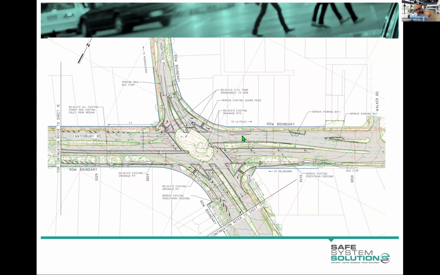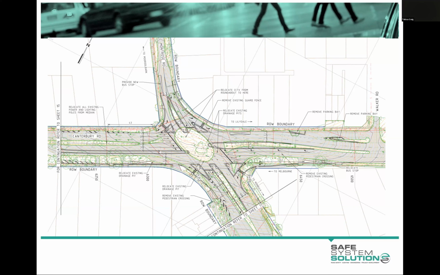Yep. So the bus stop's located very close to the intersection, and particularly that left turn lane, and not enough room to allow traffic to merge if there is a bus stopped at that location, which increases the likelihood of both rear end and side swipe crashes.